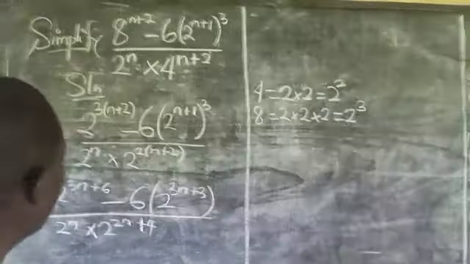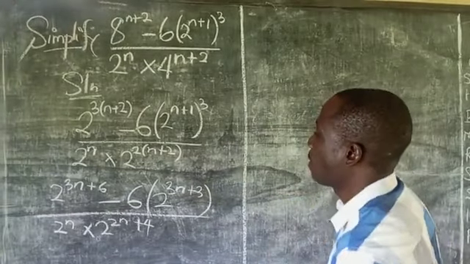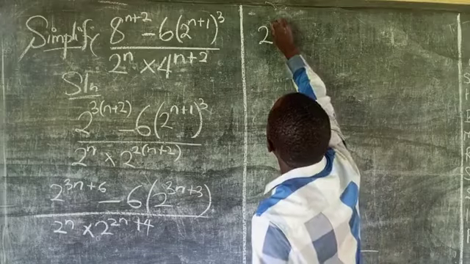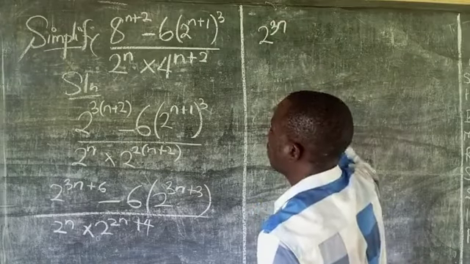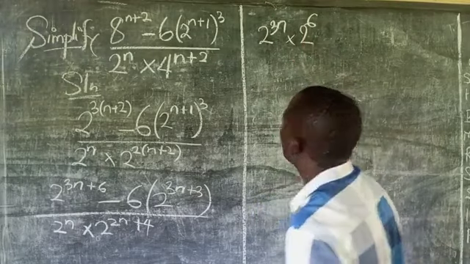Let me go and see how it becomes. From the numerator, we can have 2 raised to power 3n times 2 raised to power 6.